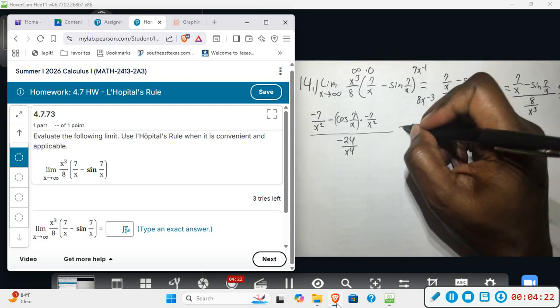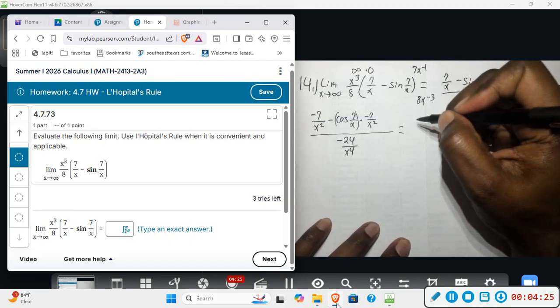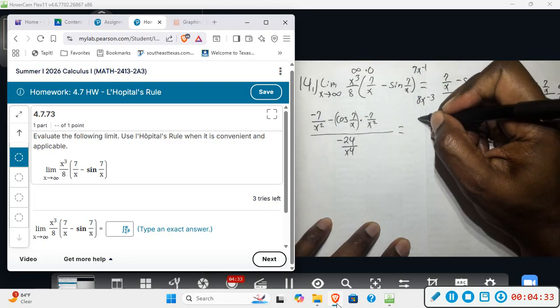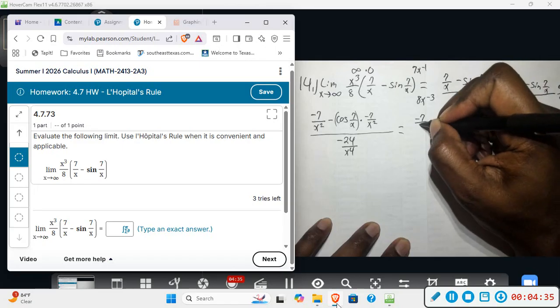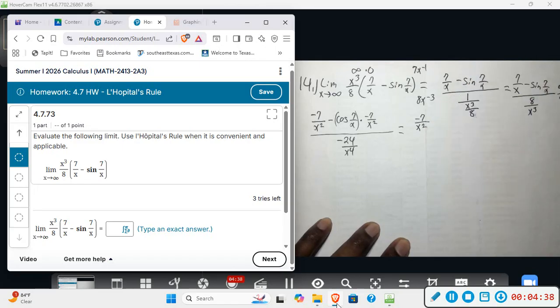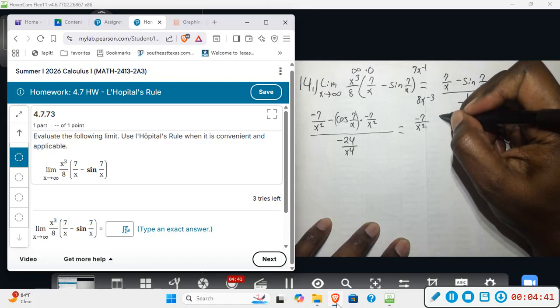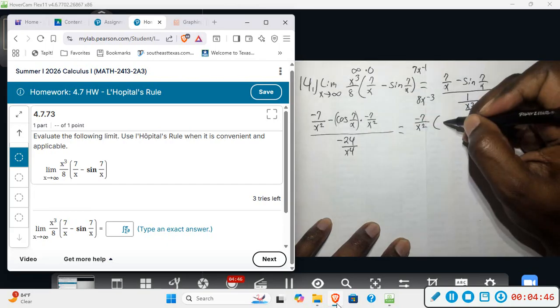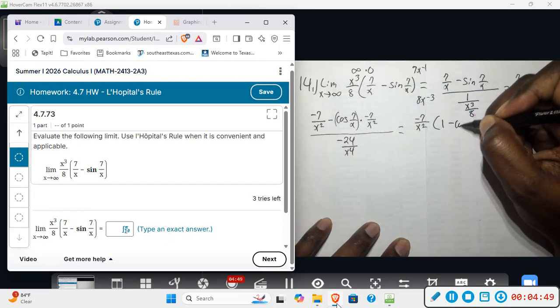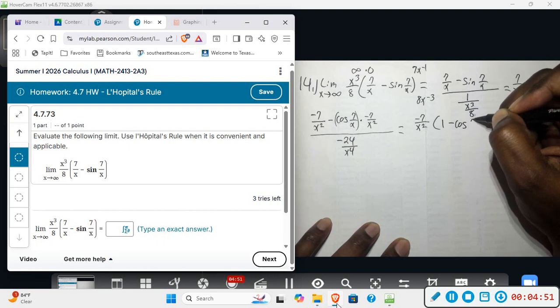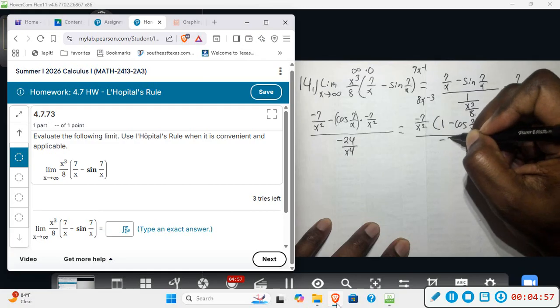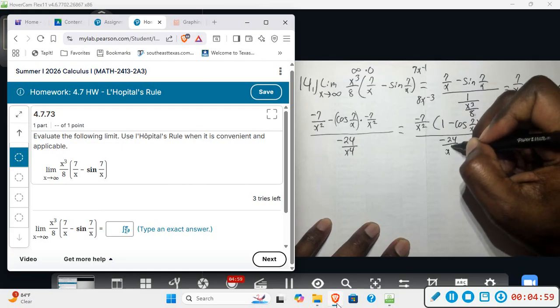All right, we're going to simplify. So we have a 7 over x squared we can factor out. So this negative 7 over x squared, factor that out. That will leave me with 1 minus cosine of 7 over x. And then on the bottom we have a negative 24 over x to the 4th.